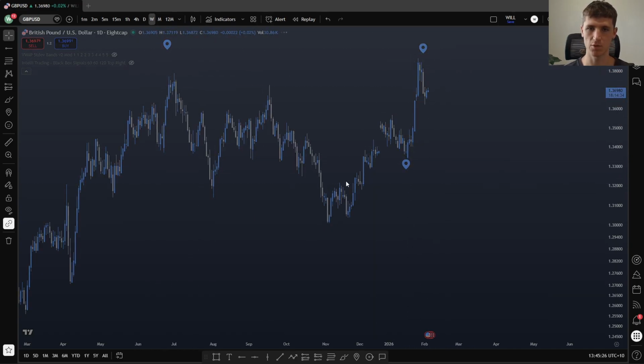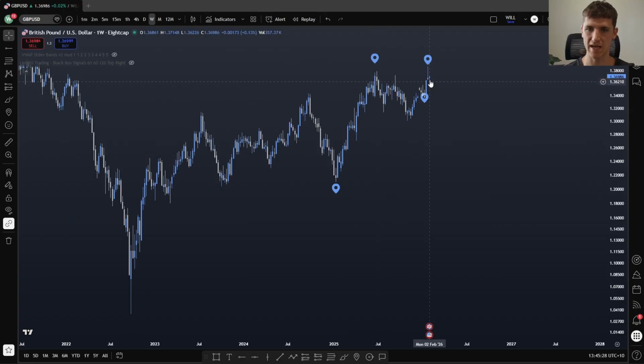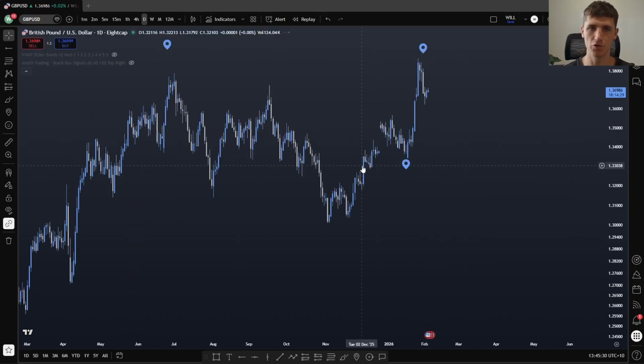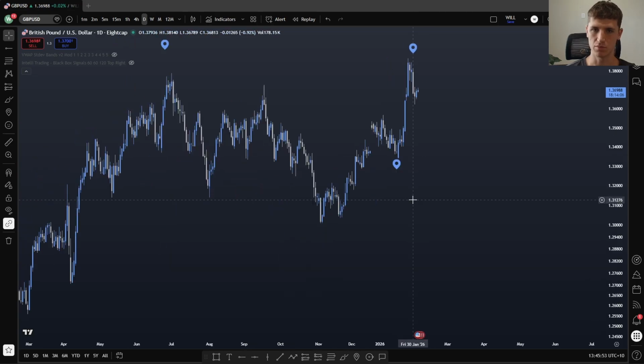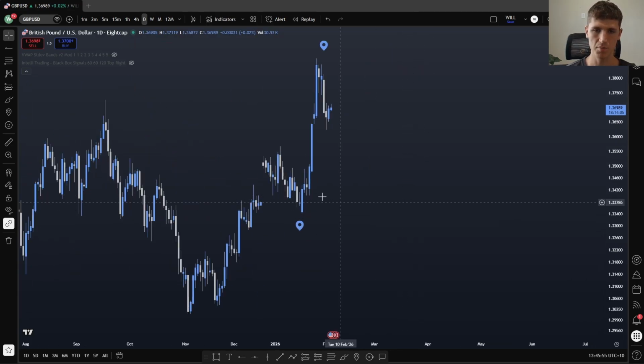So if I go back to the weekly, we can see we're scaling down now. What viewpoints allow you to do is just identify the next step. It's to get that overall picture, then work your way down to whatever time frame you're willing to execute on. If I was executing on the daily time frame here and I had a fundamental bias and wanted to be taking buys, because right now the US dollar is not doing so well, I'd be looking for areas on the daily to take a buy from.